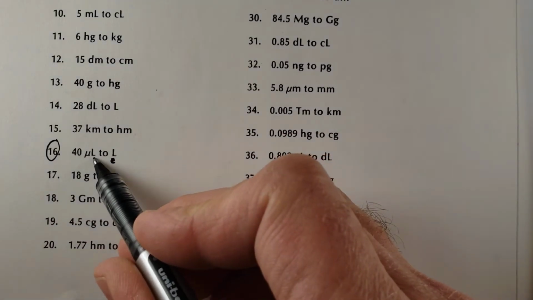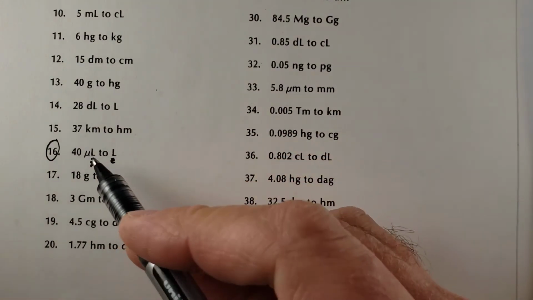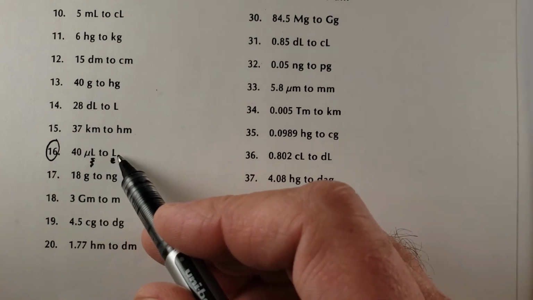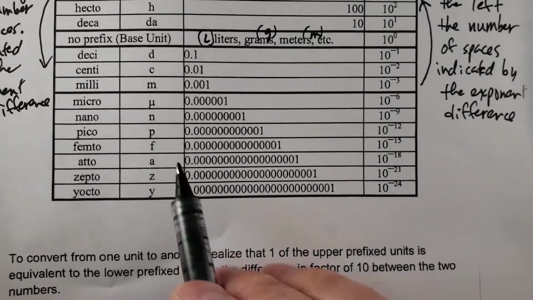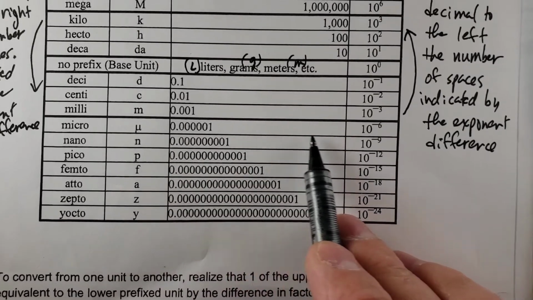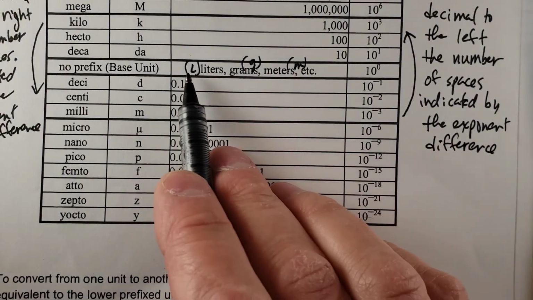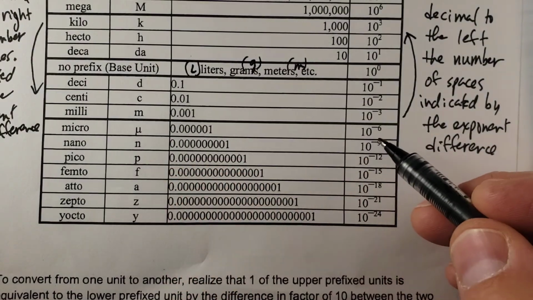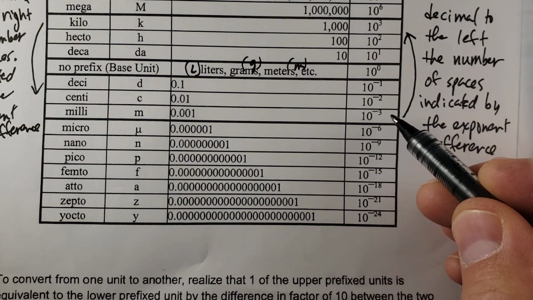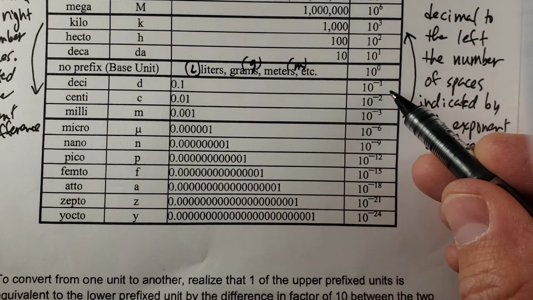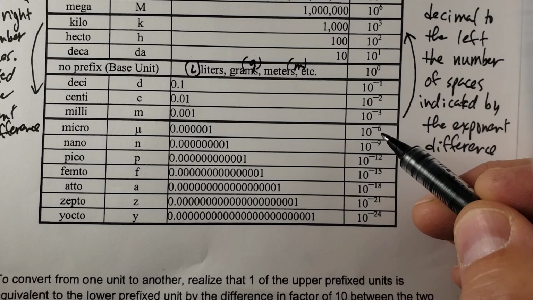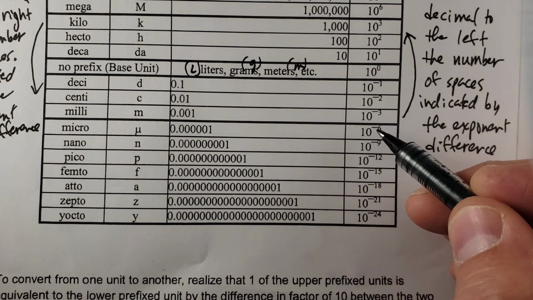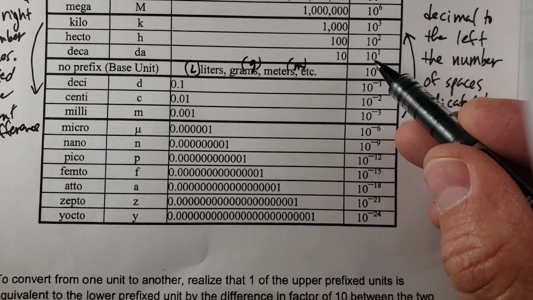Okay. Let's look at number 16 here. We're dealing with units of liters, so volume, and we're going from microliter to liter. The micro prefix is down here, and just liters is here. So we're going 3, 4, 5, 6. Or look at it in terms of going from -6 up to 0.